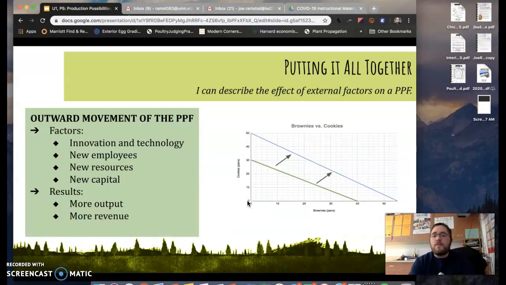Factors that move the PPF outward include innovation or technology. So maybe at our bakery in this example, we get the oven 2500, and this oven has greater capacity, can cook faster, bake goods faster. We're able to produce more brownies and cookies as a result. Maybe like in this example, we hire on a new employee that's able to join forces and help produce more.